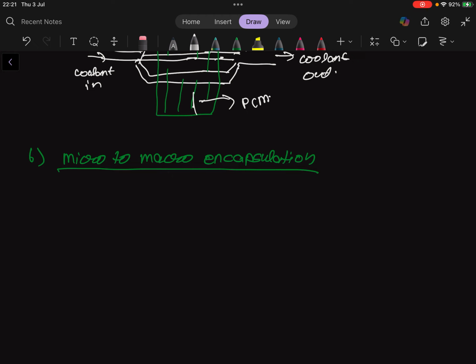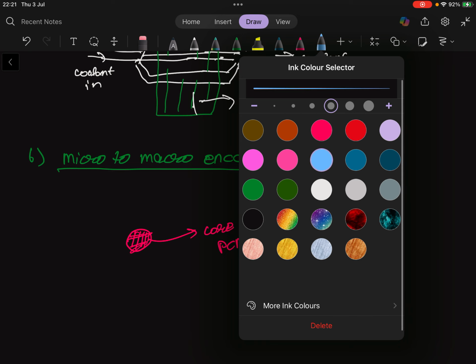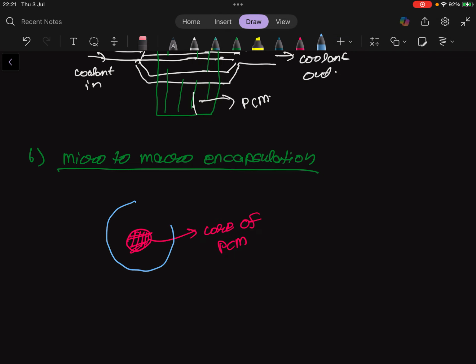So here we have a core of our PCM material, and it's protected by a shell, which protects the core of the PCM material from the outside environment.